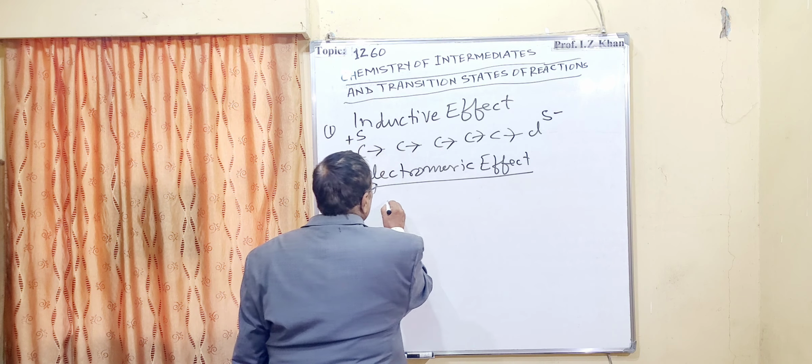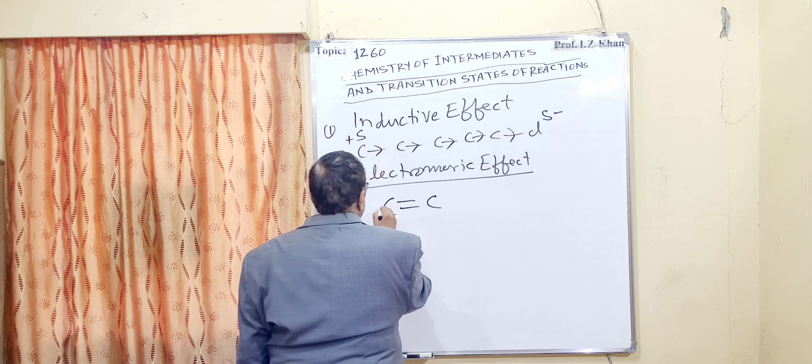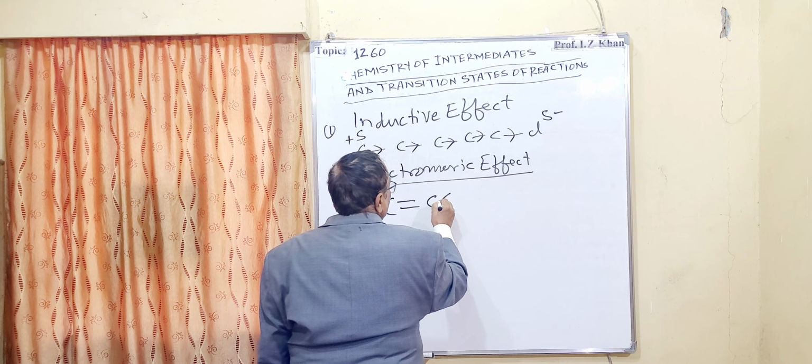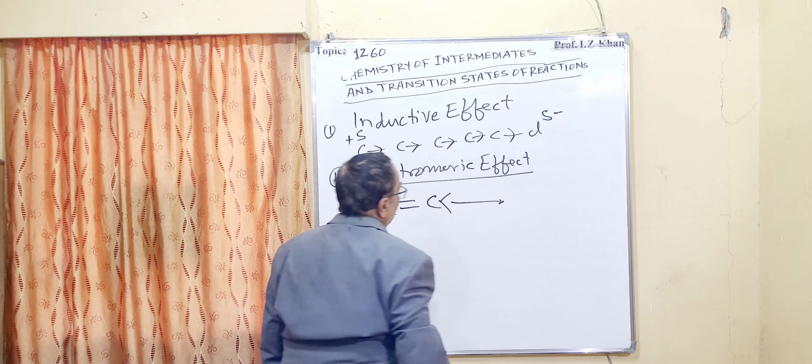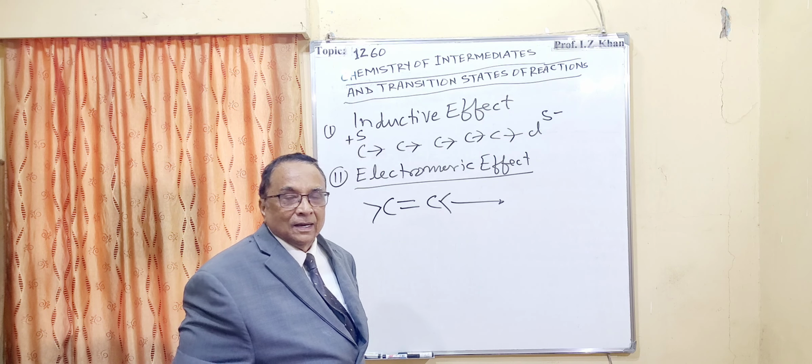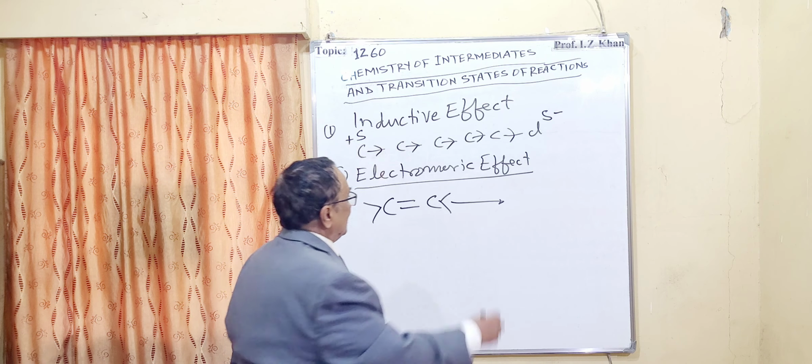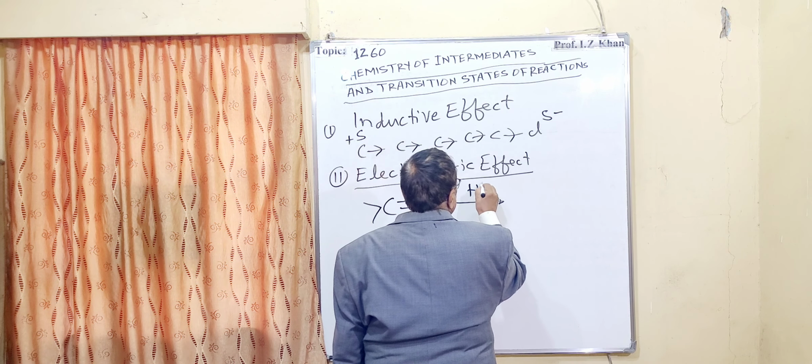For example, if a carbon-carbon double bond is there, it will be reactive only in presence of, for example, an acidic catalyst.